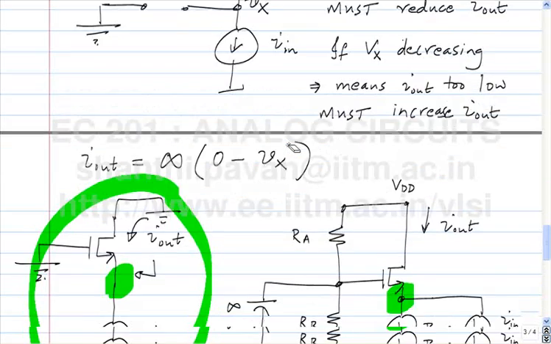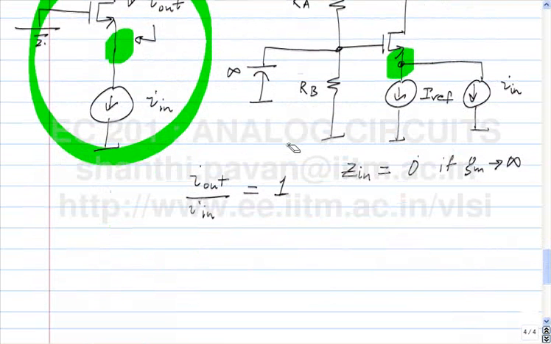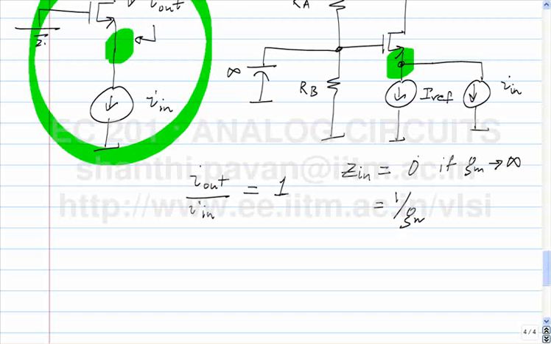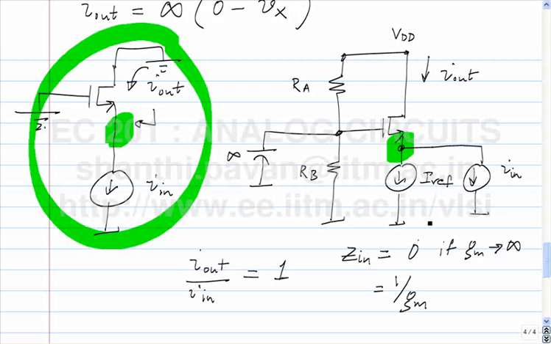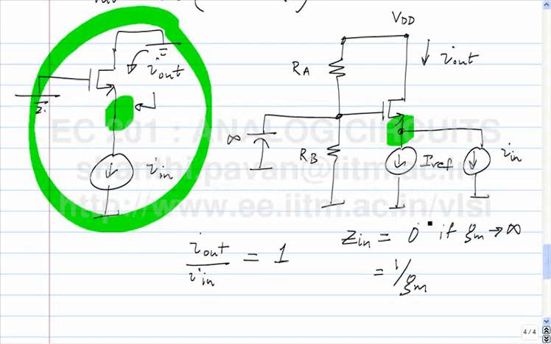In practice, again, if Gm is finite, the input impedance will become 1 over Gm, and clearly Zin tends to 0 if Gm tends to infinity. What do you think the output impedance is? What is the output impedance?